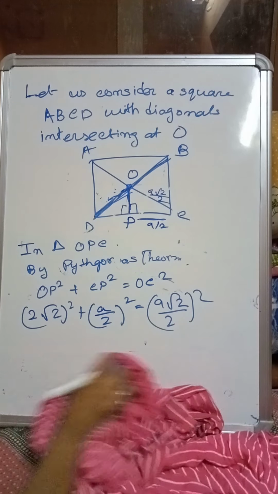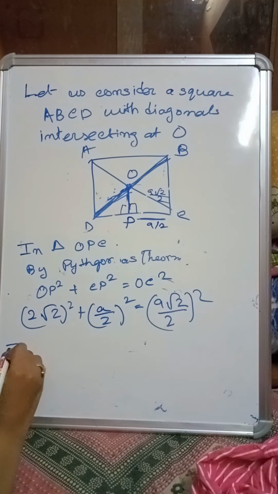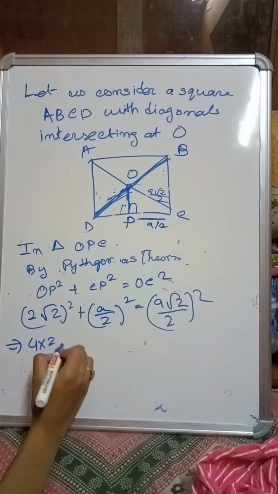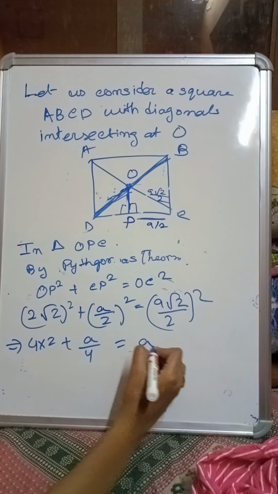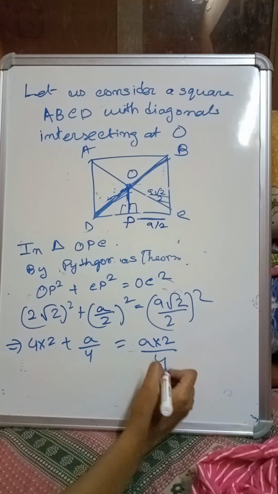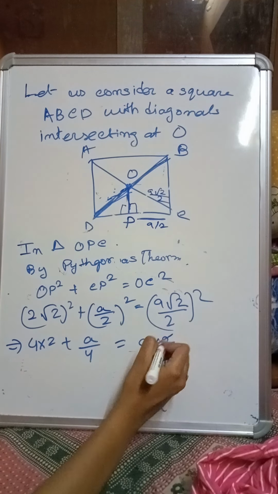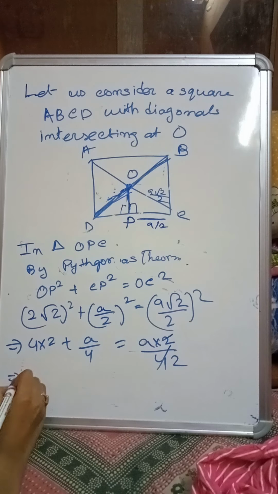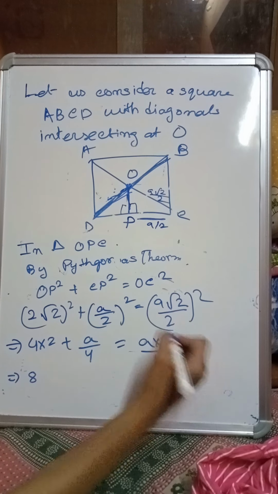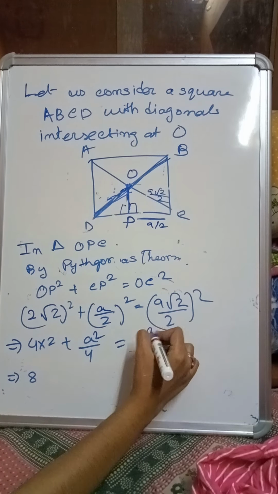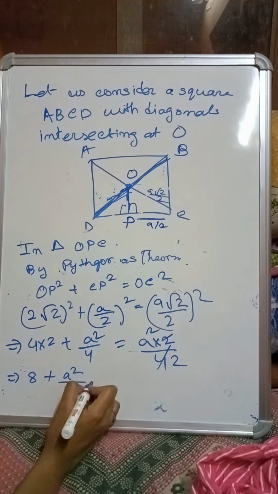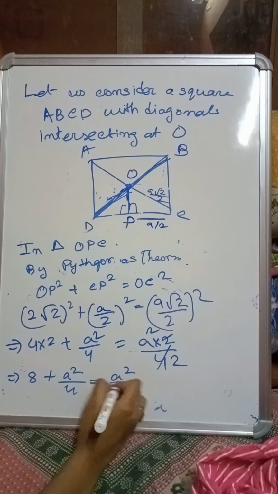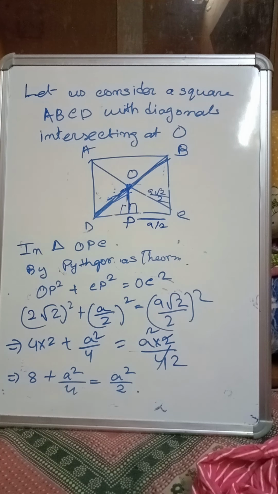So if you just calculate, this will become 4 into 2, this is a square by 4, this is a square into 2 by 4. So this and this will cancel, we will get 2. So 8 plus a square by 4 equals to a square by 2.